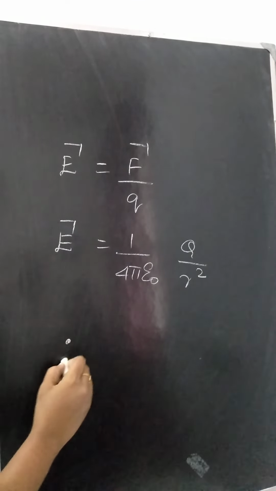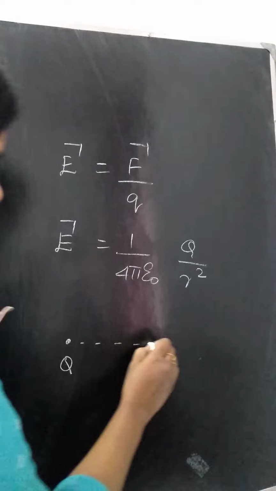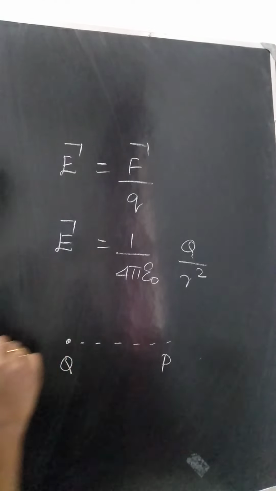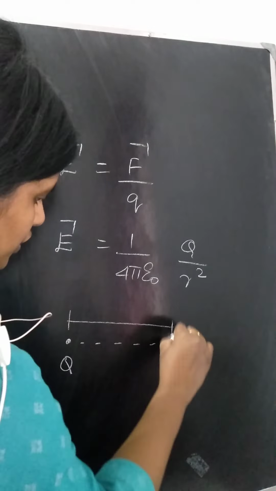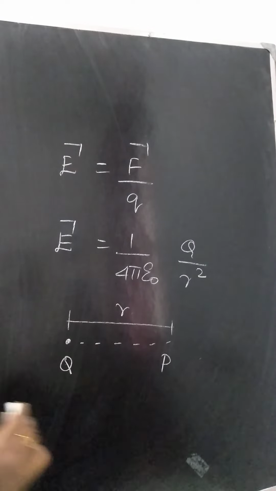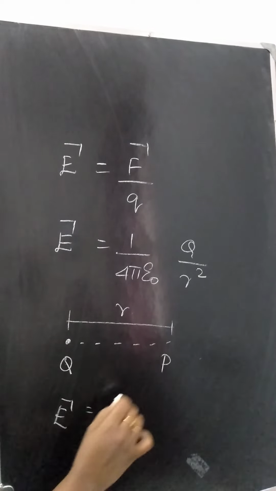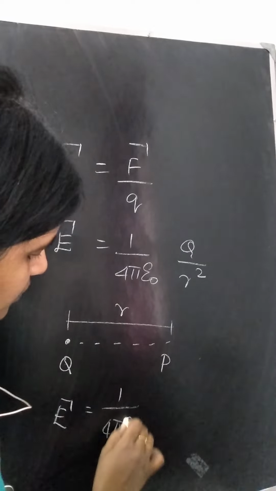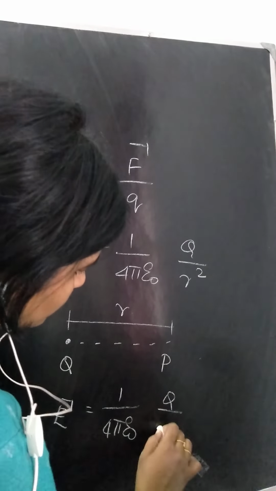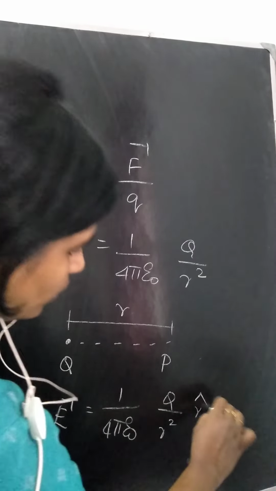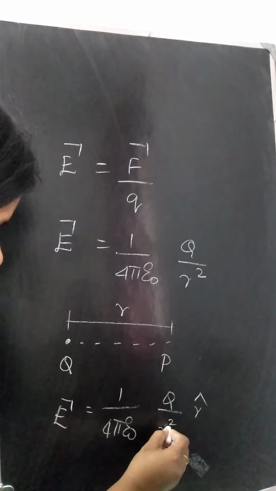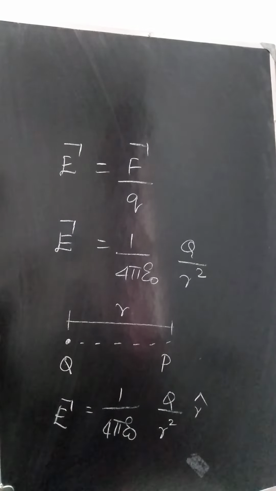This is the source charge Q, and I am finding the electric field at the point P, and the distance between the two is r. Then E vector is 1 by 4 pi epsilon naught capital Q divided by r square into r cap, where r is the distance between the charge and the test point P. Clear?